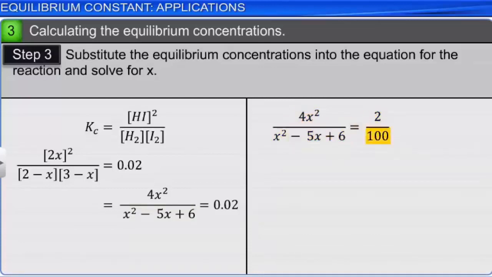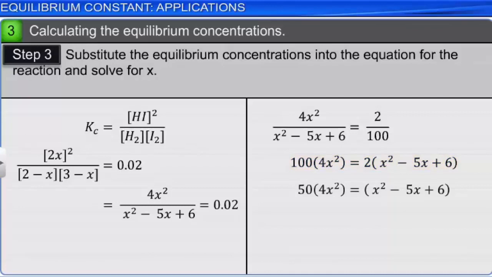On cross multiplying, we get 100 multiplied by 4x square is equal to 2 multiplied by x square minus 5x plus 6. On crossing off 100 with 2, we get 50 multiplied by 4x square is equal to x square minus 5x plus 6.